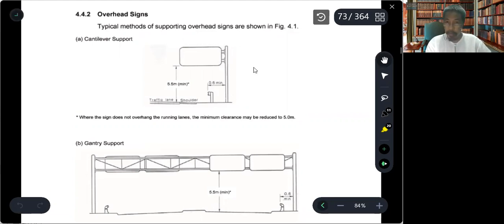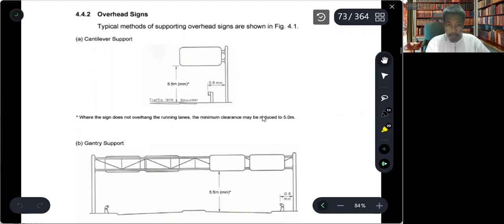So it is a cantilever type of support, that's why it is letter A, cantilever support. We have the following dimension: 5.5 meters minimum from the road surface to the lower edge of the signboard.